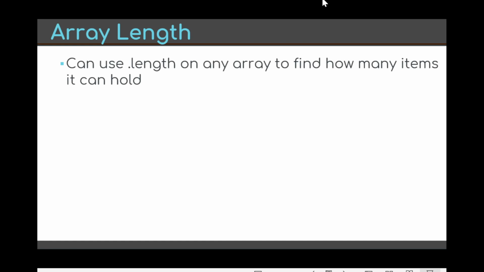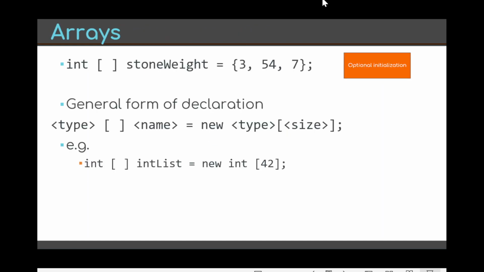If you do ballColors.length, it will return how many items that array can hold. So that 42 value here, that's the length. So if you called intList.length, it would return the integer 42, the size that it can hold.